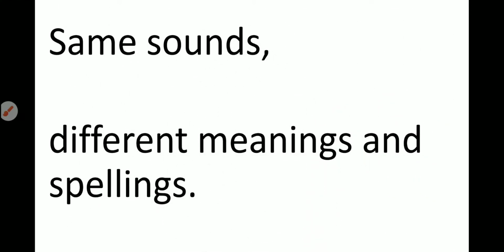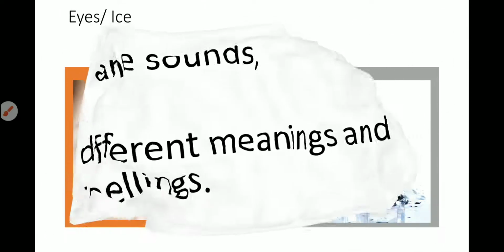So homophones are words that sound the same with different meanings and different spellings. Can we say that together? Homophones are words that have the same sounds but different meanings and different spellings.